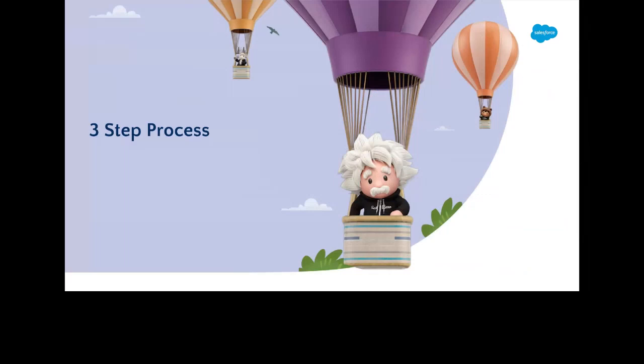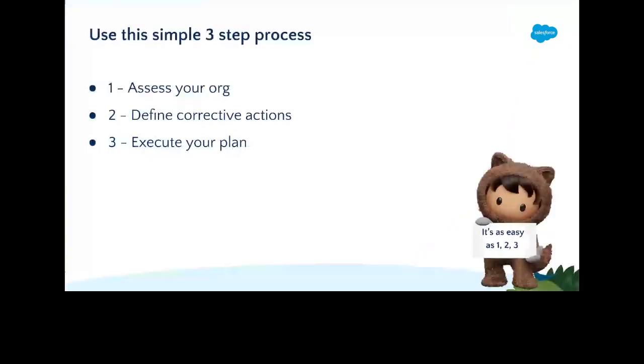So let's start with the three-step process for how you can declutter your org. These are three simple steps that we already covered in the agenda. The first is assess your org: assess it according to everything that you have, what is usable, what is useless, and what is making the process hacky for your business scenarios.